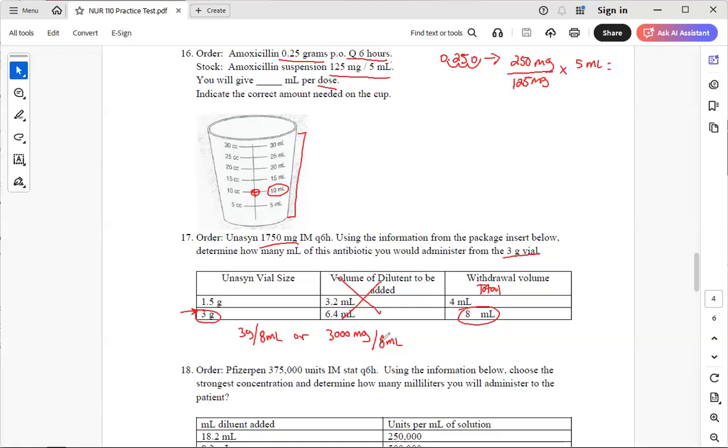So when I'm solving for this and I'm using this 1,750 milligrams, I can take my order, 1,750, divided by my 3,000 times my 8 ml.